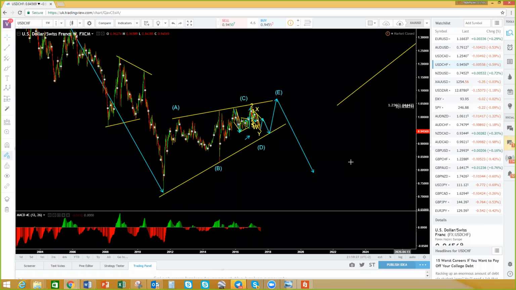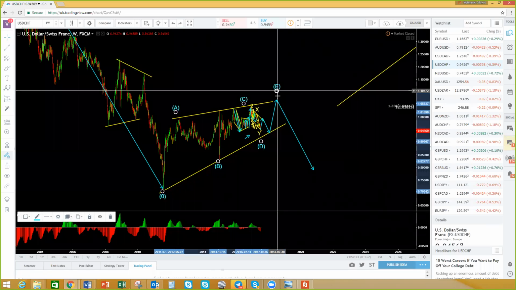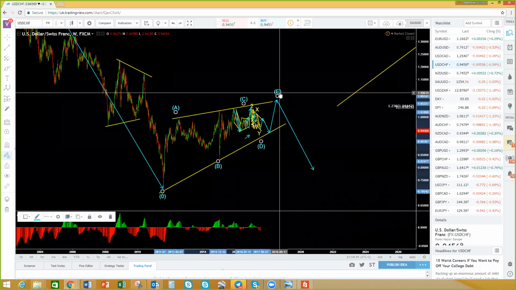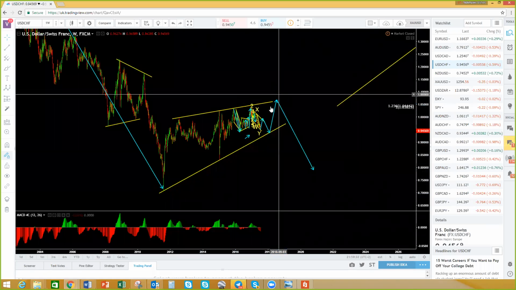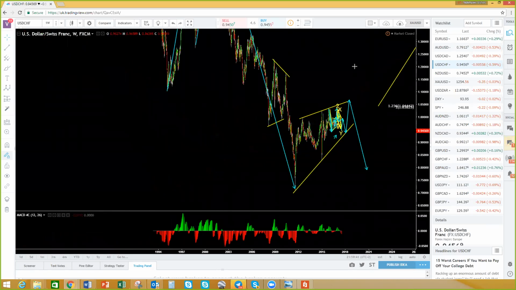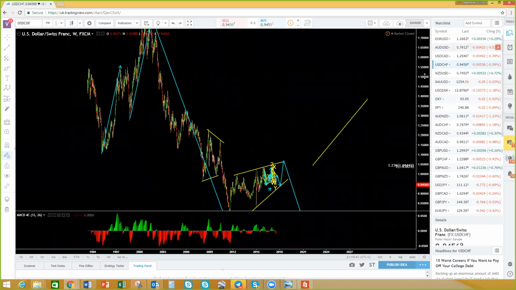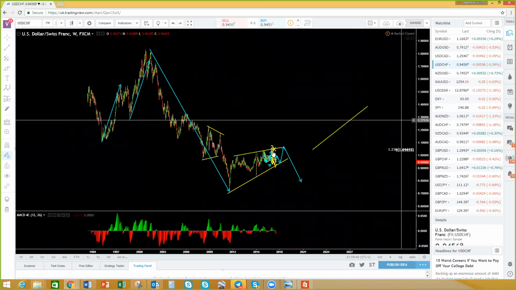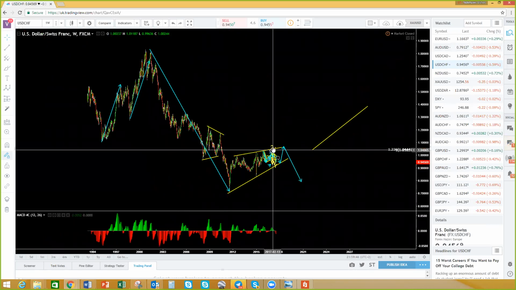You see here the week. I thought it was going to be a triangle, but it does not look like a triangle to me. It looks like an A wave. Okay, here's the impulse. You can see the impulse. Let me clear the mess.